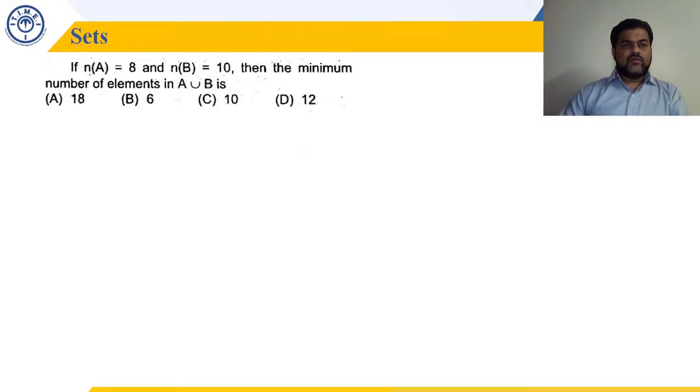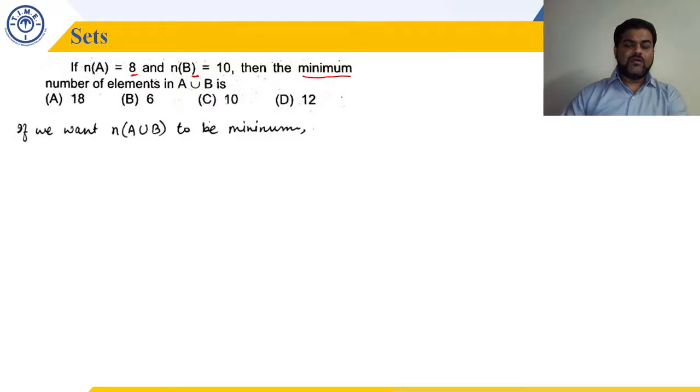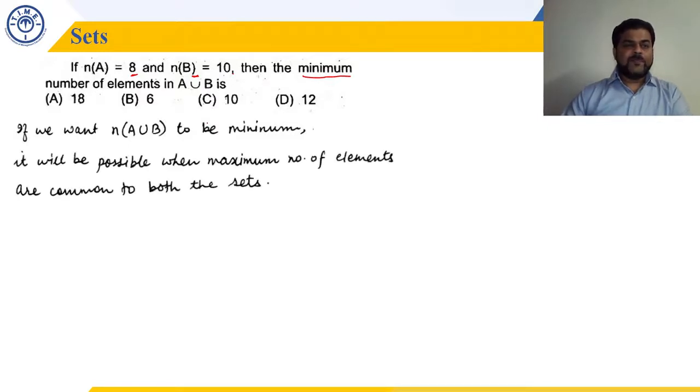Okay, so we have number of elements in A is 8, number of elements in B is 10. Then find the minimum number of elements in A union B. Now, when do we have minimum number of elements in the union? So if we want number of elements in A union B to be minimum, what do we need?